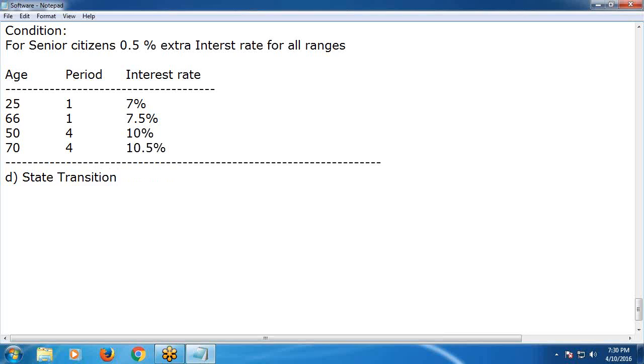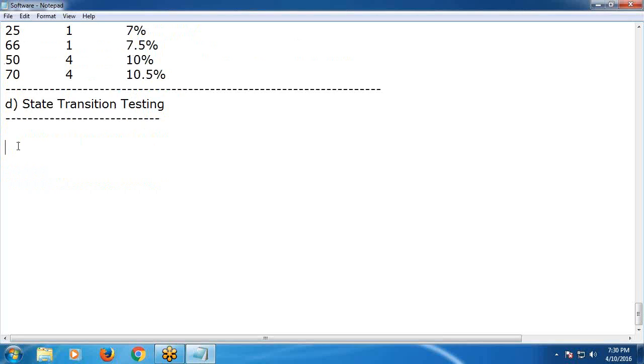State transition testing. Ask me if you have any queries. State transition testing. Observe.